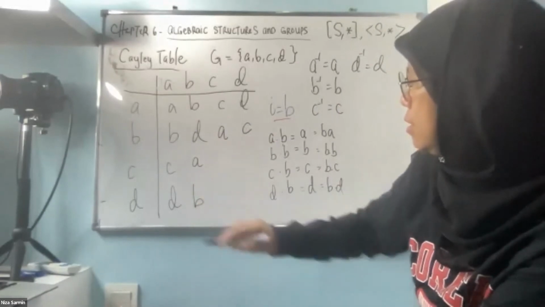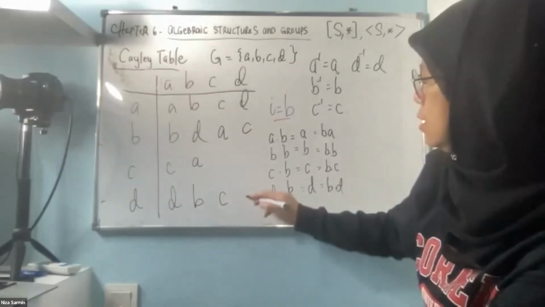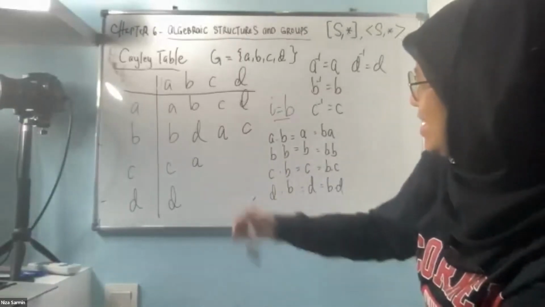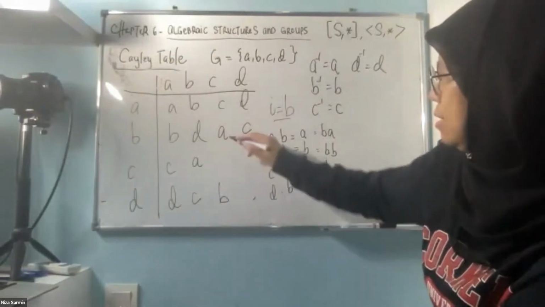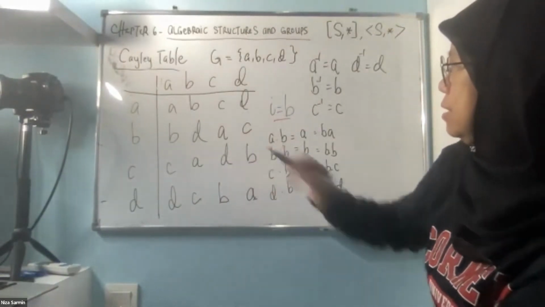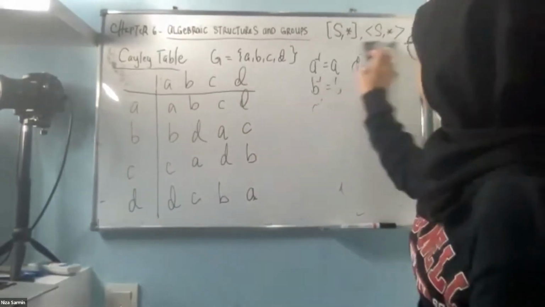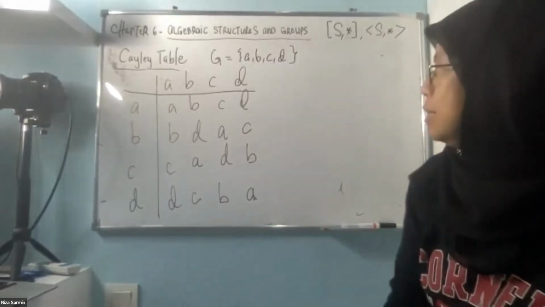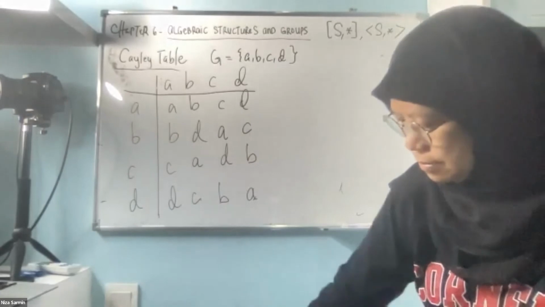A, B, right? Okay. A, B, C, A. Prof, C, can. B is already there. C, yes. B, yes. B, A, B, C, D. A, B. Okay? Okay. Try to find the inverse and the identity.